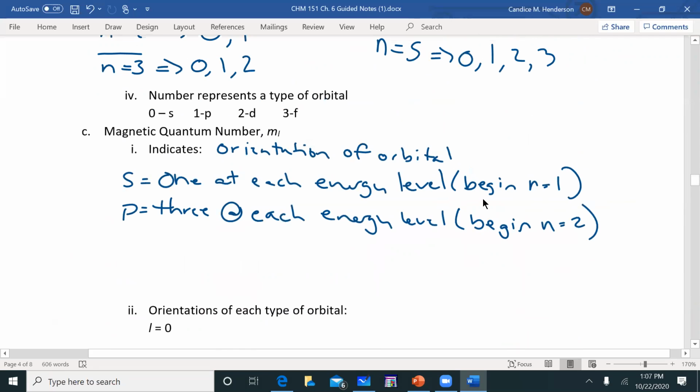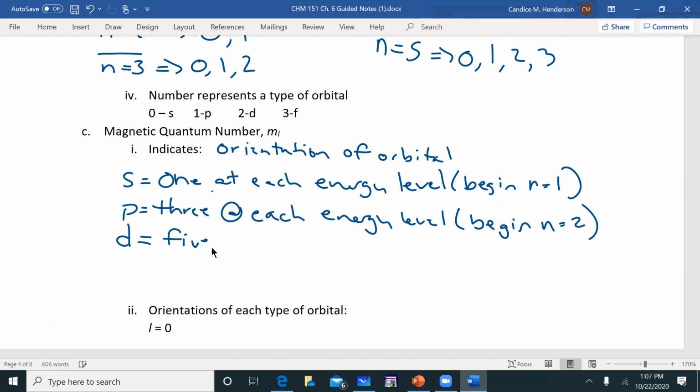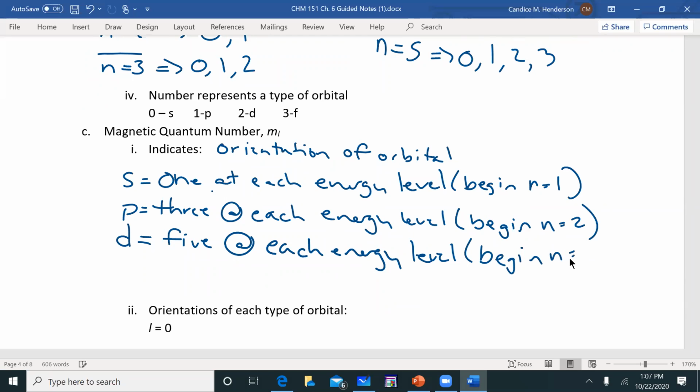What about the D-shaped classroom, or the D-shaped orbital? D has 5 different orientations at each energy level. In this classroom, the D shape doesn't start until the 3rd floor. So we don't get to have this unique classroom until we get up onto the 3rd floor.